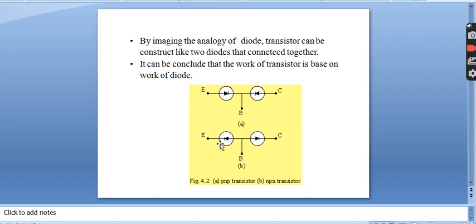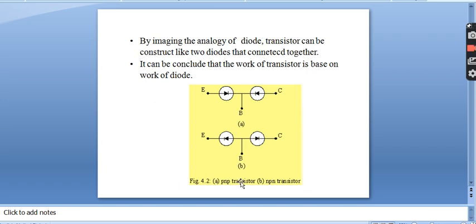Two junction diodes in back-to-back connection form a transistor. The back-to-back connection with the N-type material together forms the PNP transistor. In the case of the NPN transistor, in the back-to-back connection, we connect the anodes together, which forms the NPN transistor.